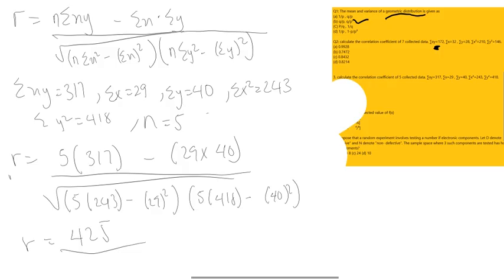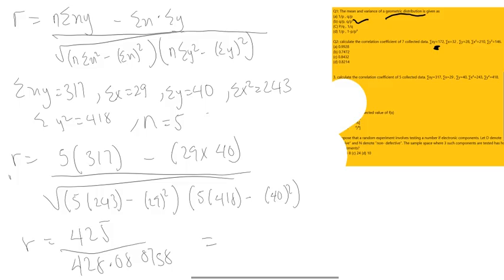Close your bracket, you open another one. So you have 5 times 418 minus 40 squared. You close your bracket. So what I have at the bottom is 428.088758.